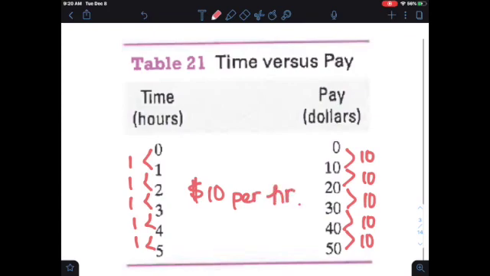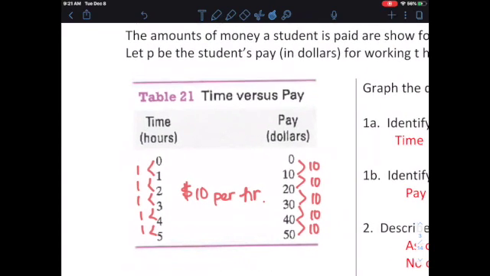Now, since the rate is constant all the time, the association is going to be linear and should be a line.